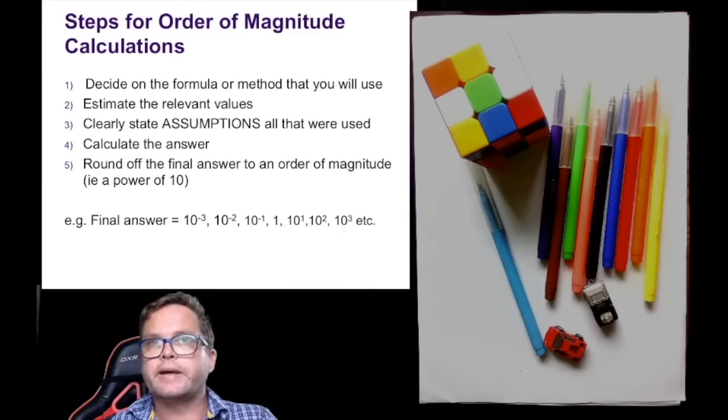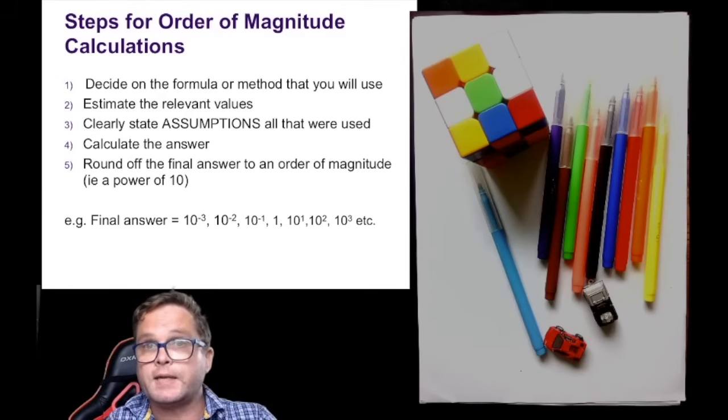Then we need to also make certain assumptions in our calculation. The assumptions might be about the size of the room. We might need to make an estimate or an assumption about how many meters each dimension of a typical room would be. Remember, for order of magnitude calculations, you're not going to be given all the information, so you need to assume some of the information in order to do the calculation.